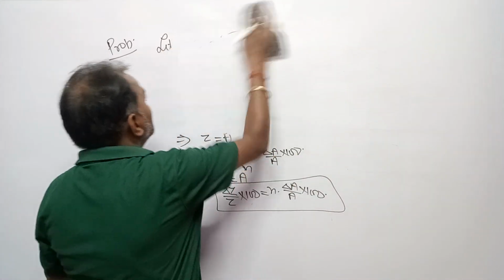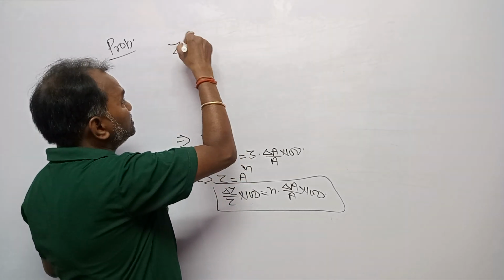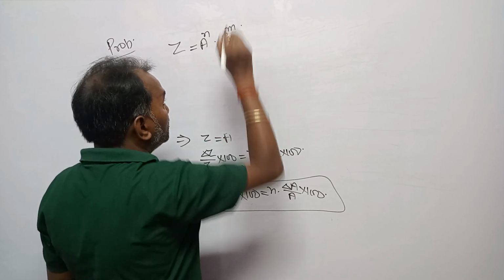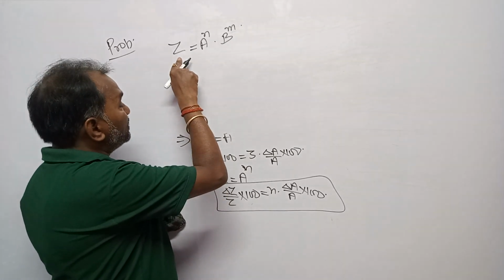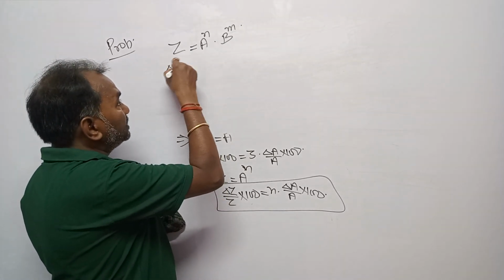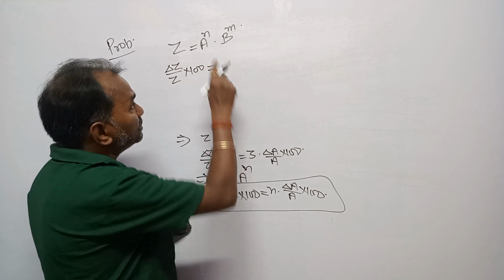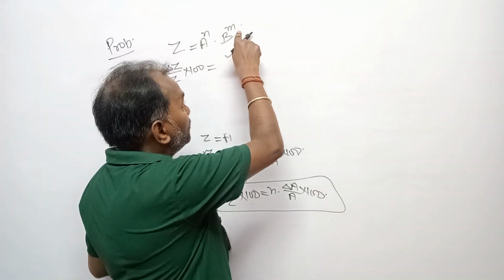But let's move further. If the formula is Z is equal to A to the power n into B to the power m, then what would be the possible percentage error in the value of Z, delta Z upon Z into 100? Dear students, it is a product of A to the power n and B to the power m.